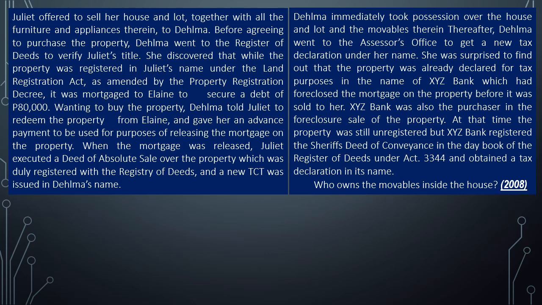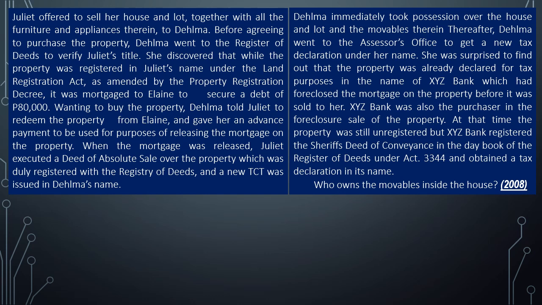She discovered that while the property was registered in Juliet's name, it was mortgaged to Elaine. But she wants to buy the property badly, so she told Juliet to redeem the property from Elaine. So when the mortgage was released, Juliet executed a deed of absolute sale over the property and a new TCT was issued in Delma's name.